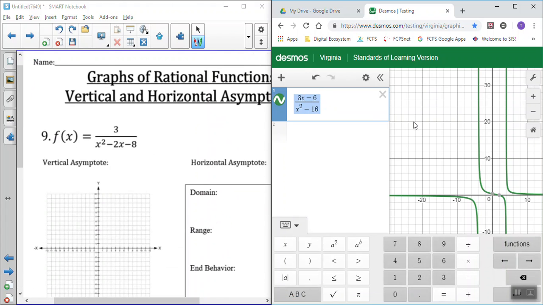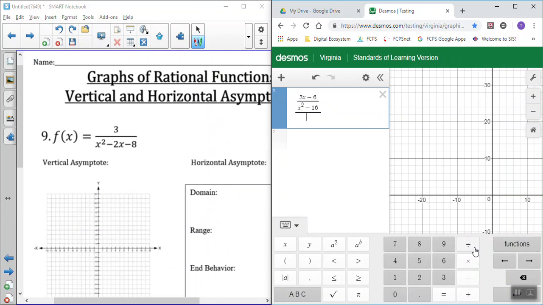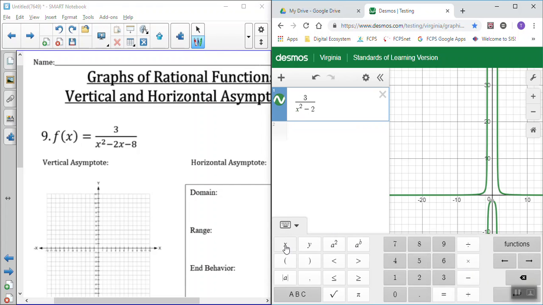To just graph it, we have 3 over x squared minus 2x minus 8.